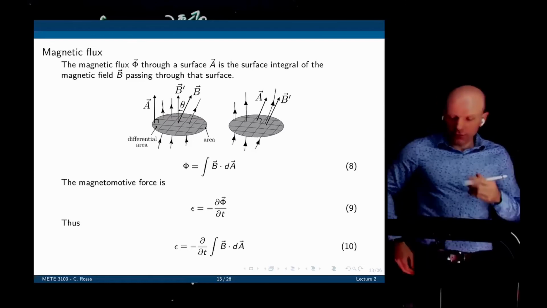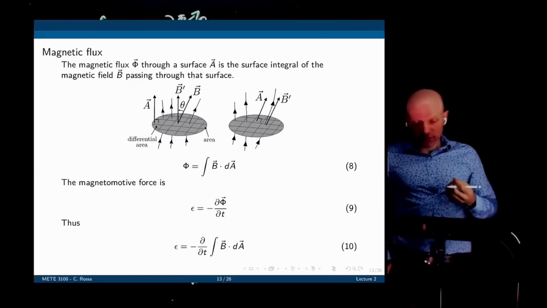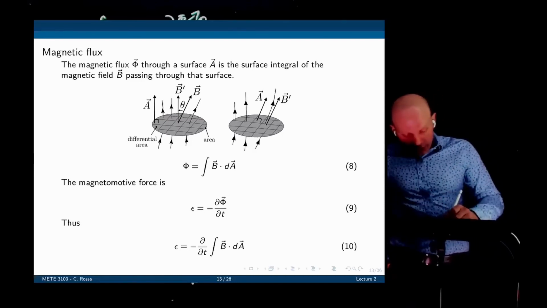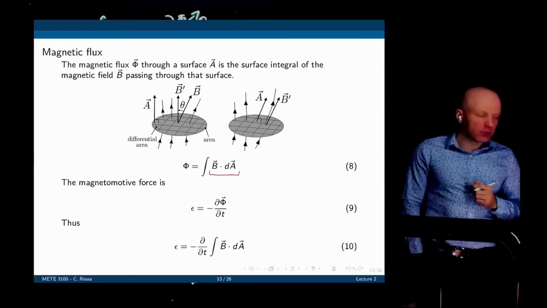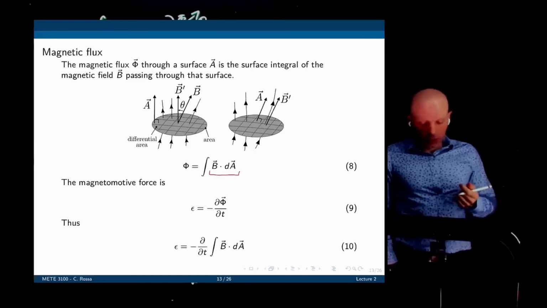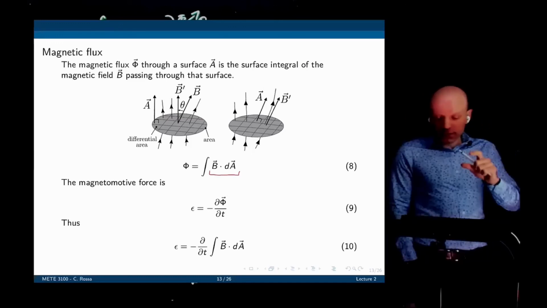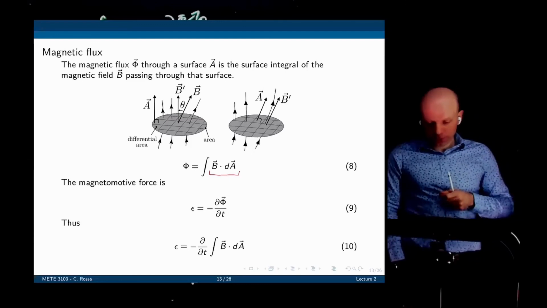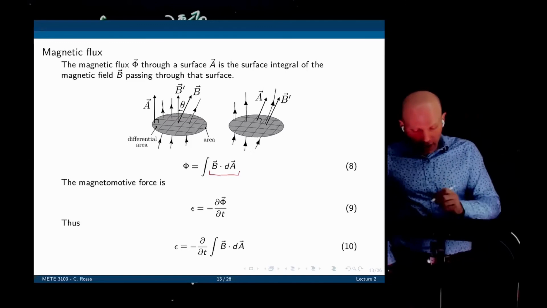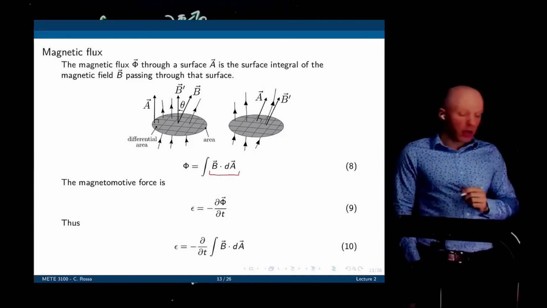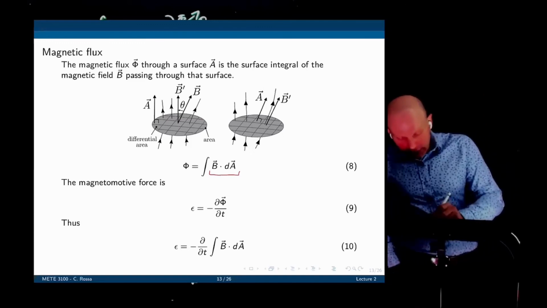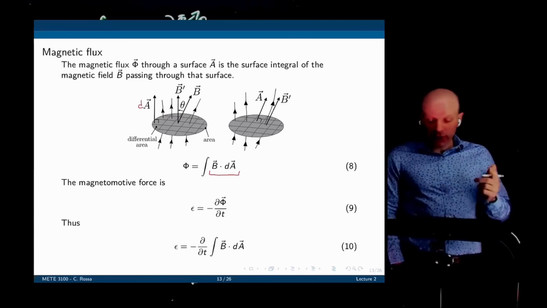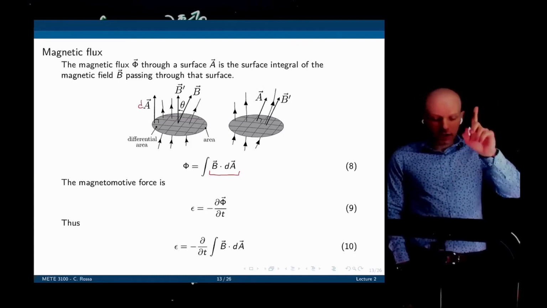So if B is our magnetic flux density, and when you talk about flux density we need to define an area, then if you multiply the flux density by the area, we get the magnetic flux phi. Let's say this area in the first figure has a vector that defines it, dA, and you have magnetic flux density B going either upwards or at an angle.